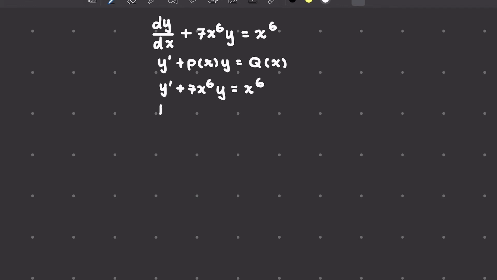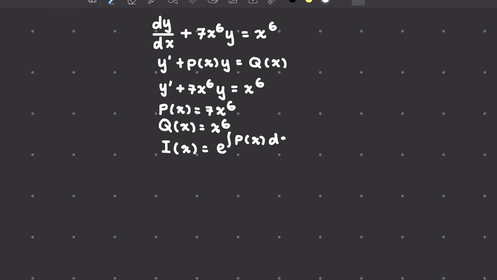But let's define the variables here first. p(x) is 7x to the power of 6, while q(x) is x to the power of 6. And our integrating factor will equal e to the power of the integral of p(x) dx.